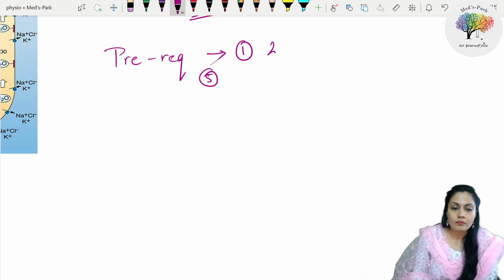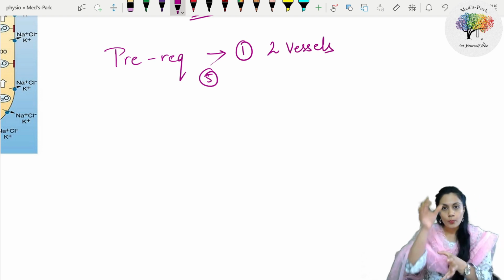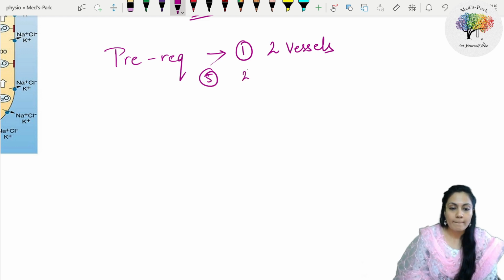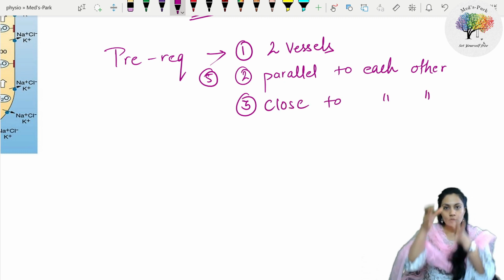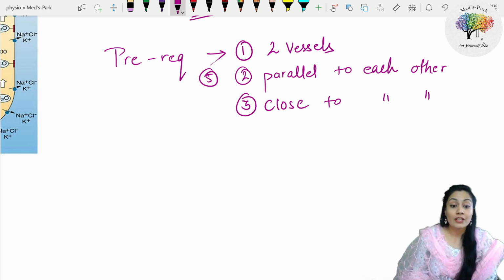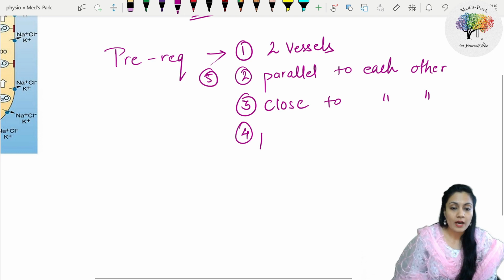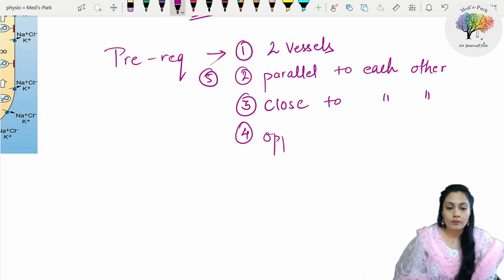First thing, there should be two vessels, right? Two vessels which are parallel to each other, and they have close proximity, so close to each other, parallel to each other, but they should have opposite flow.